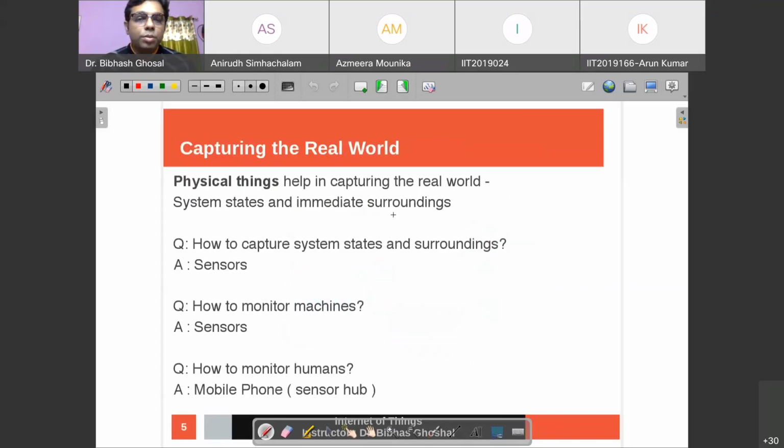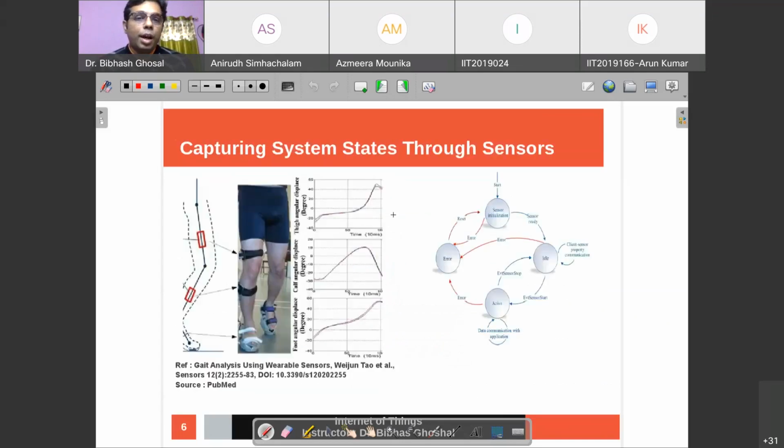We discussed the basic component that helps us in actually capturing the data. These are the devices that interact with the physical world and capture data, and we call them sensors. They're very similar to how we humans interpret or collect data, how we make decisions.